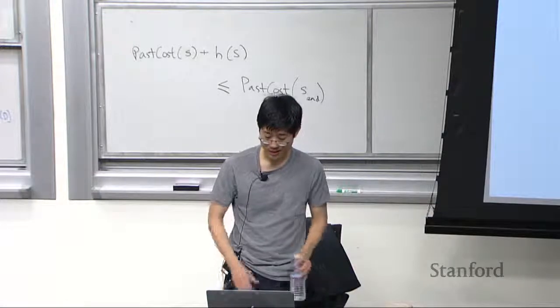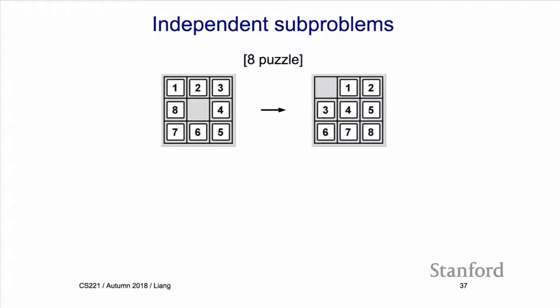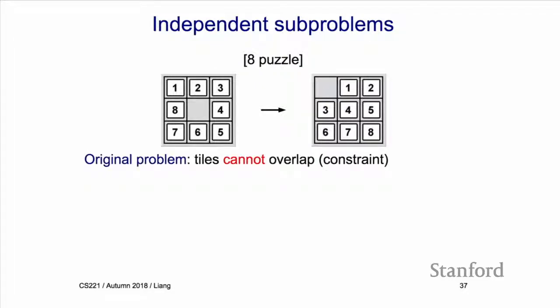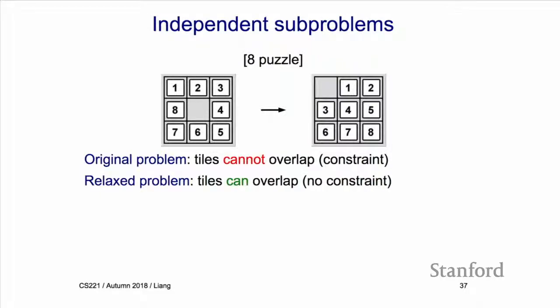So now let's go on to one more example of a heuristic. Every one of you has probably seen one of these puzzle problems where you have to move the tiles around until they're all ordered correctly. You kind of have to get one tile out of the way to move another tile. So in this problem, the constraint is that you can't move a tile in any position in any direction. One idea is to relax that constraint and say, what if the tiles could overlap?